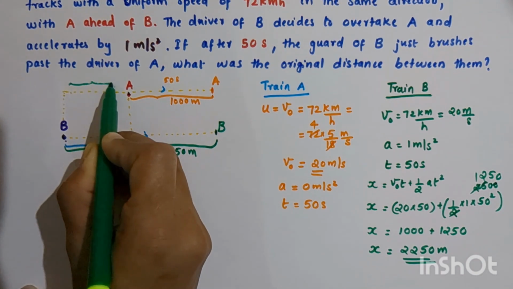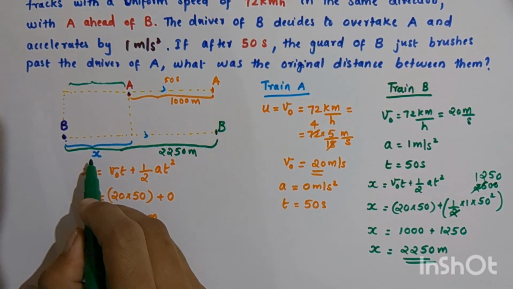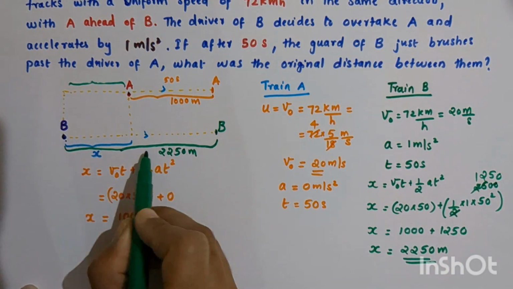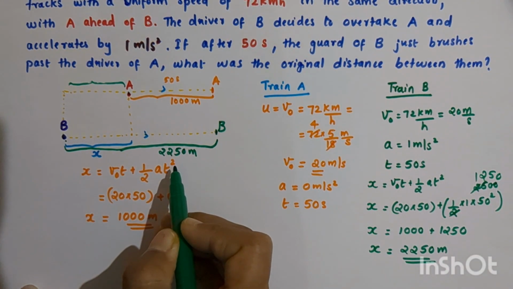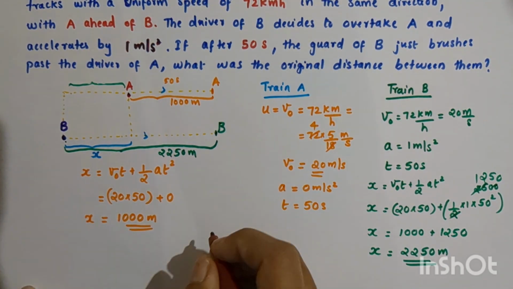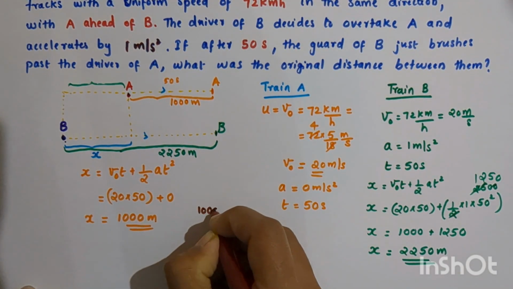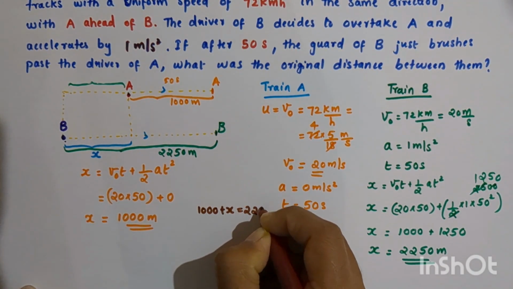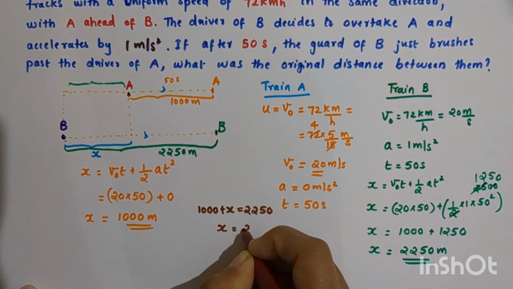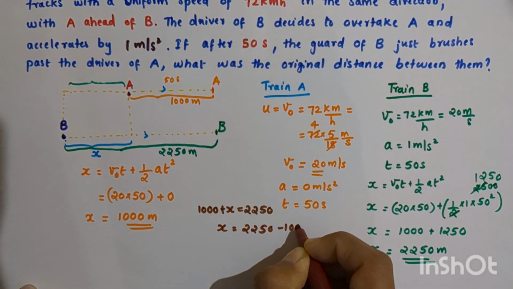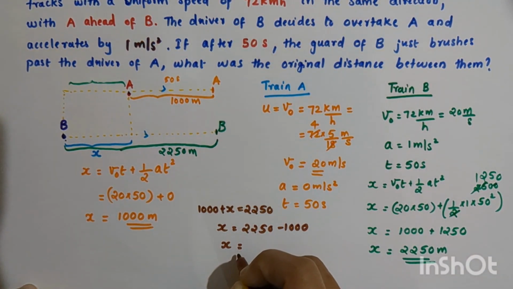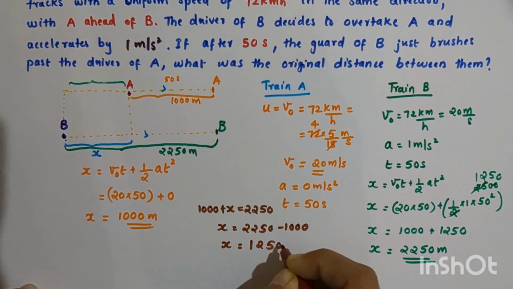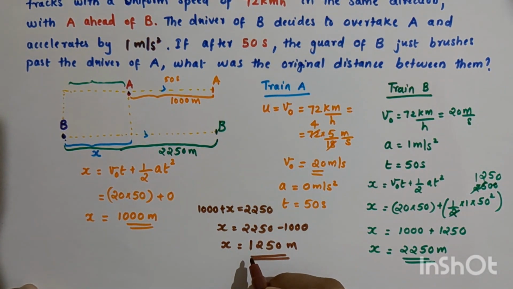So 1000 plus x is equal to 2250. So x is equal to 2250 minus 1000, that is 1250 meters. So the initial distance between train A and train B, that is the original distance between them, is equal to 1250 meters.